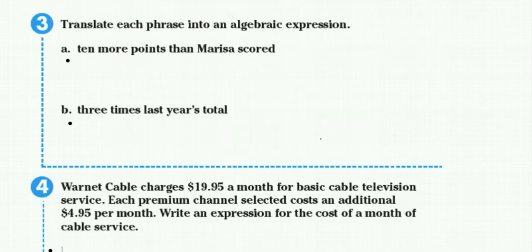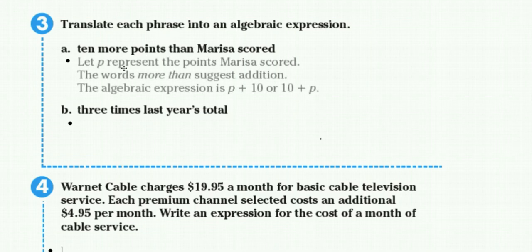Let's take a look at example number 3 and see how this works. Translate each phrase into an algebraic expression. A: 10 more points than Maria scored. If you notice, 10 more indicates addition. Since this is a word problem, the very first step is to define our variable. We want to find the number of points that Maria scored.